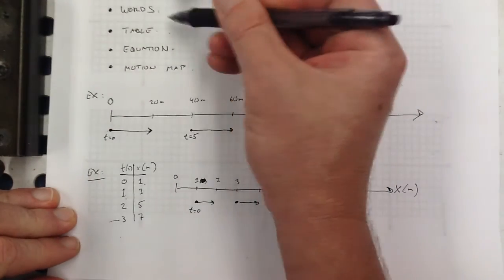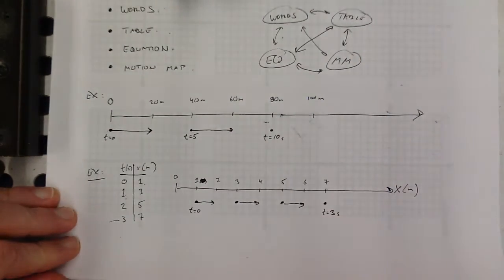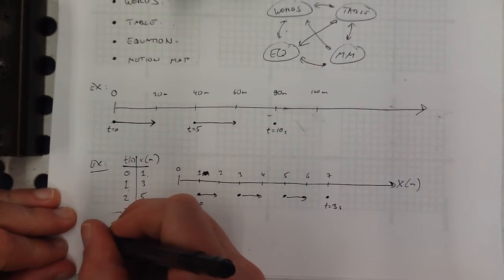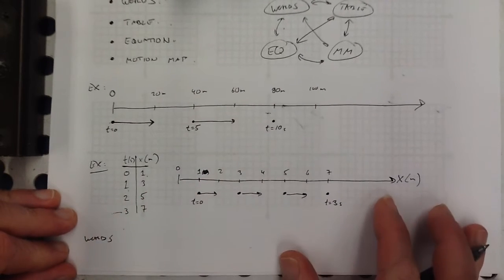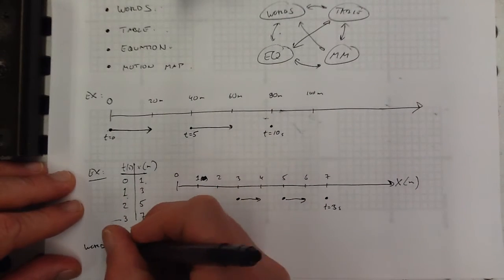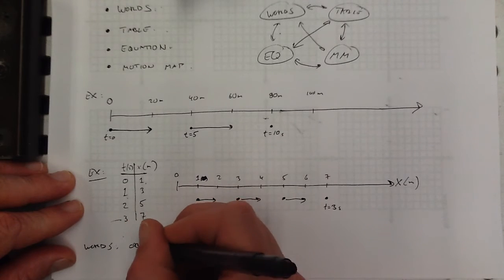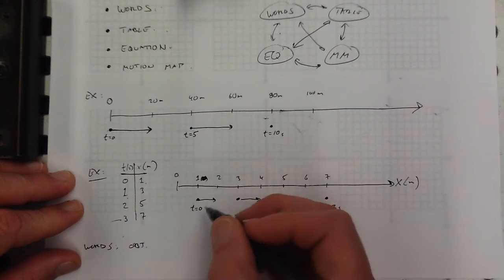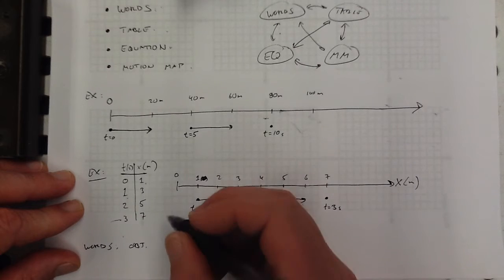Can we make the equation, and can we describe it in words? Sure. So how about words? We could say that the object, whatever it is, I don't know what it is, it's a cat. How about that?